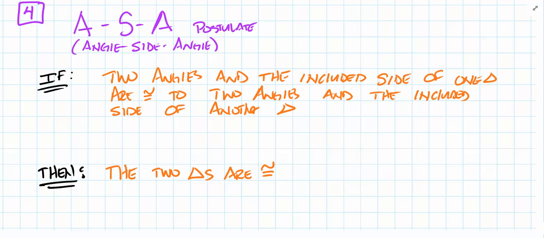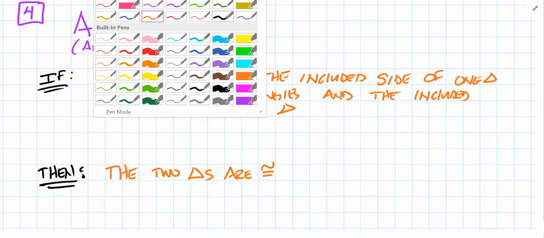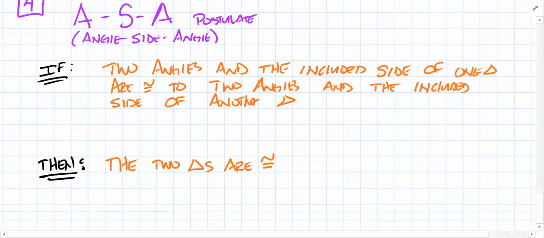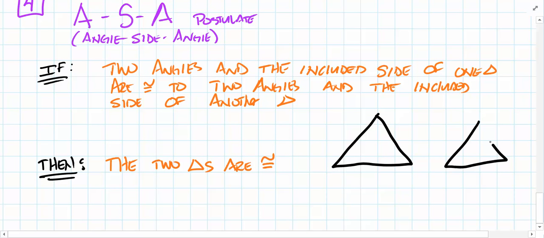If two angles and the included side of one triangle are congruent to two angles and the included side of another triangle, then it must be the case that the two triangles are indeed congruent. So I'm going to give you a picture of what this would look like for angle side angle. Here's a triangle, and then here's another triangle, okay? If this is my angle, that's my side, and that's my angle over there, that's angle side angle.